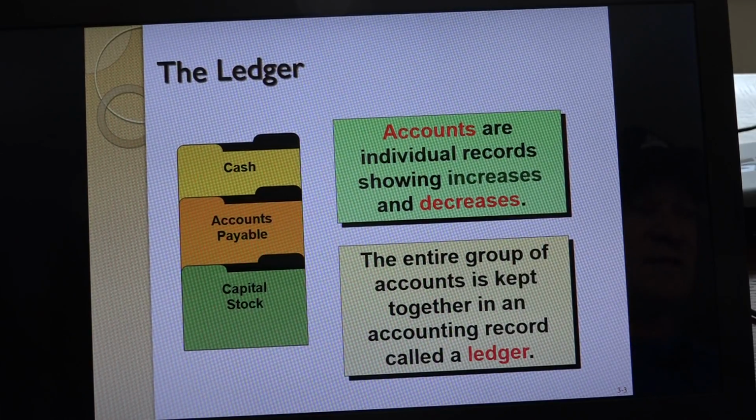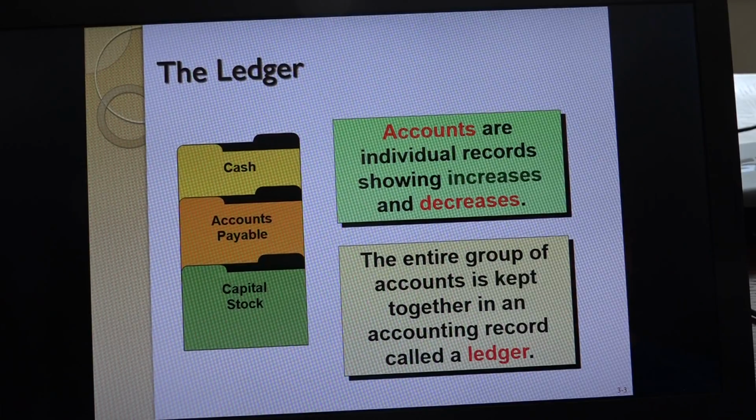Now, they start out talking about the ledger. The ledger holds all your accounts for a company. And so you'll have such accounts as the cash account that we saw, accounts payable, capital stock, and other types of accounts.